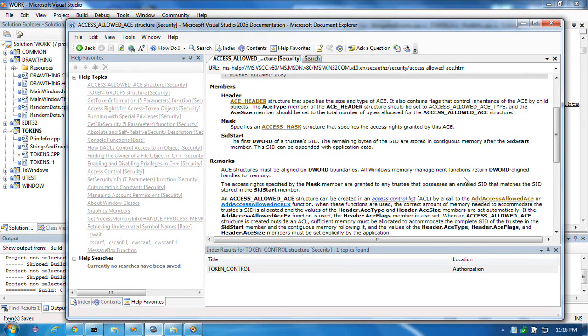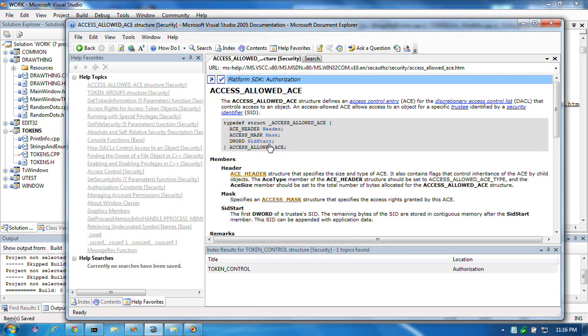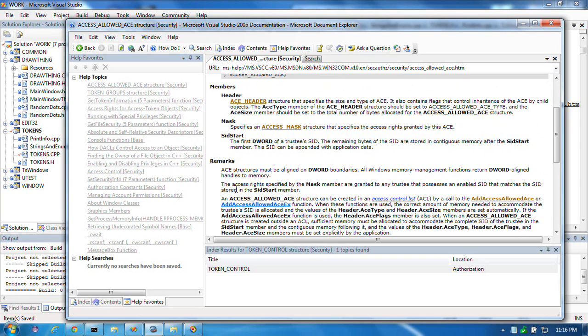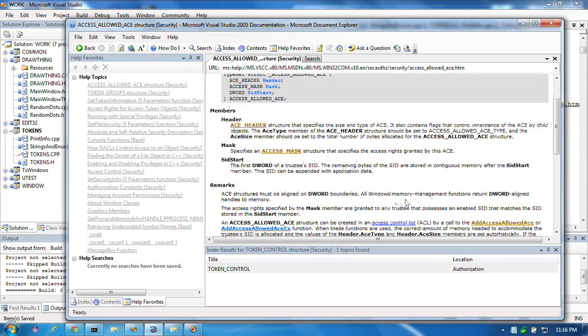And any of those could also match with this DWORD value, so that this thing becomes enabled if within my access token I possess an enabled security identifier, so that wouldn't include the access deny thing, that matches that value. So that makes a little bit of sense now.